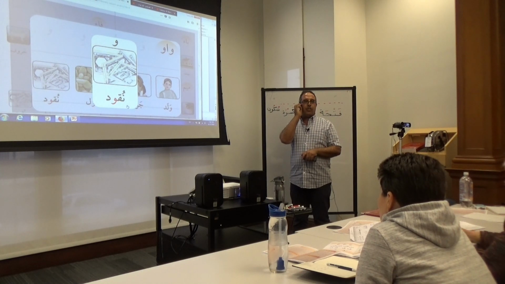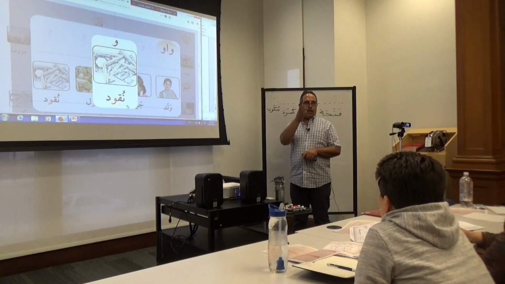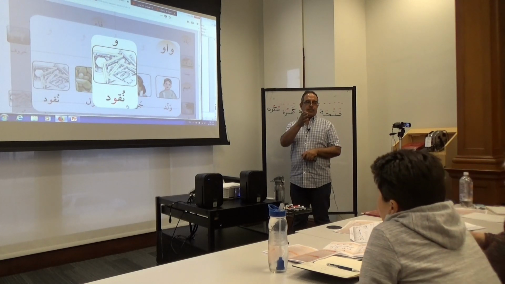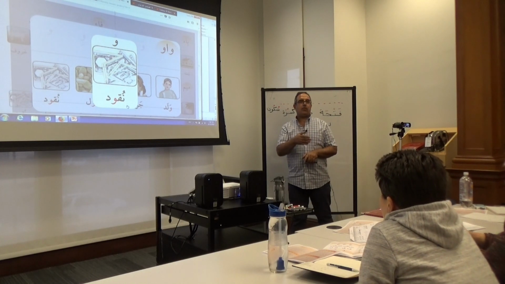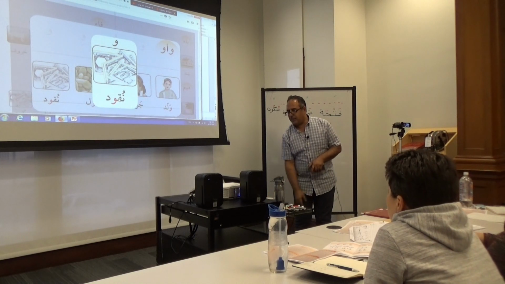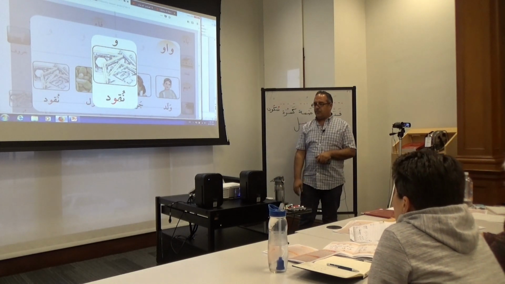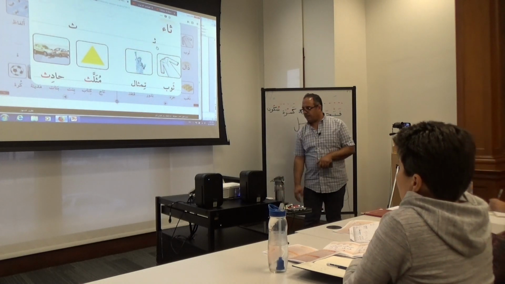So this is nuq. And then waw, nuqu. And then we have what? Dal. So it is nuqud. Right? And nuqud means? Money.